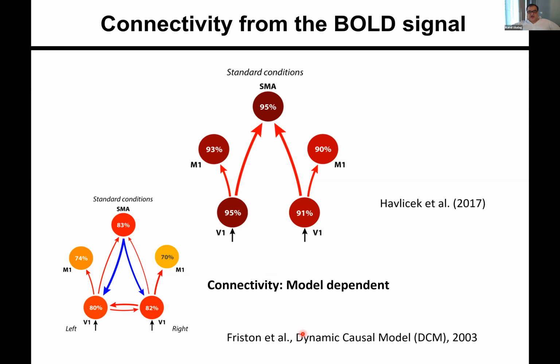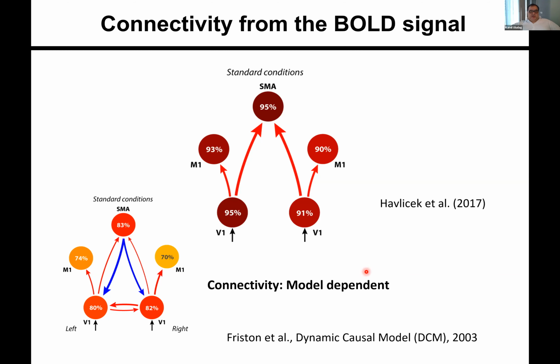If you use Karl Friston's dynamic causal model with the same data, you get a connectivity profile between brain areas which looks very different. For example, we get inhibition from SMA to V1, shown by the blue arrows going from SMA to V1. The reason is that their hemodynamic model does not explain the time course very well, so it tries to fit the unexplained variance by assuming connectivity between brain areas which is not there.